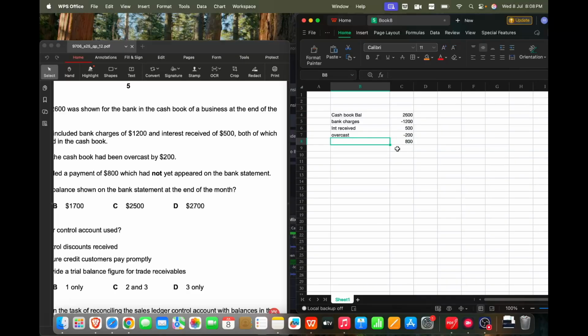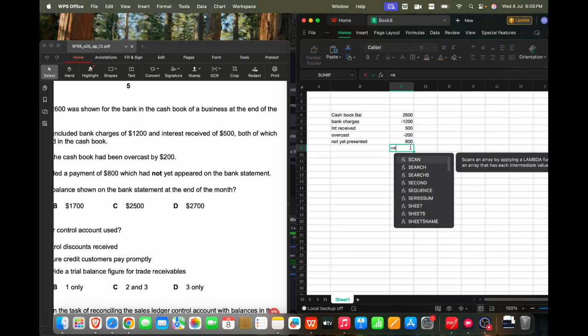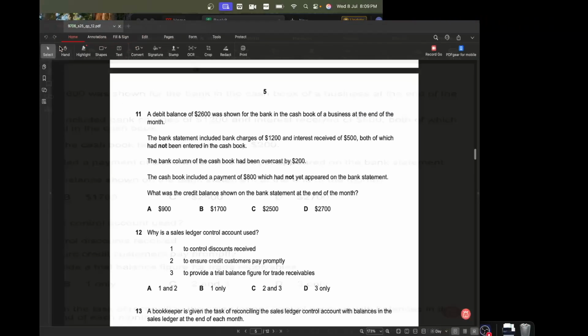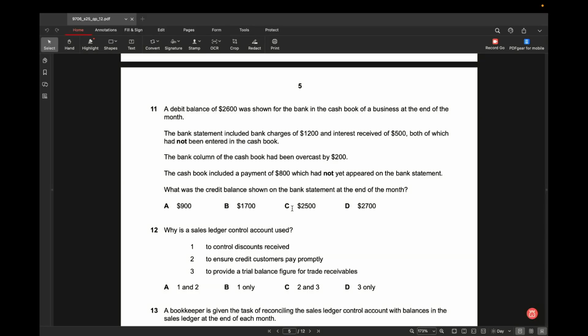We will say not yet presented. So if I add and subtract all of this from the opening balance, the balance that we have is 2500, and this is as per bank statement. So this is our correct answer. For question 11, the answer is 2500 C.